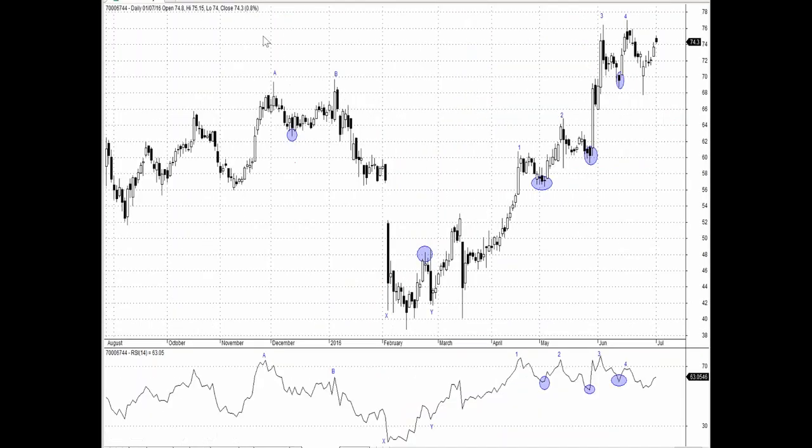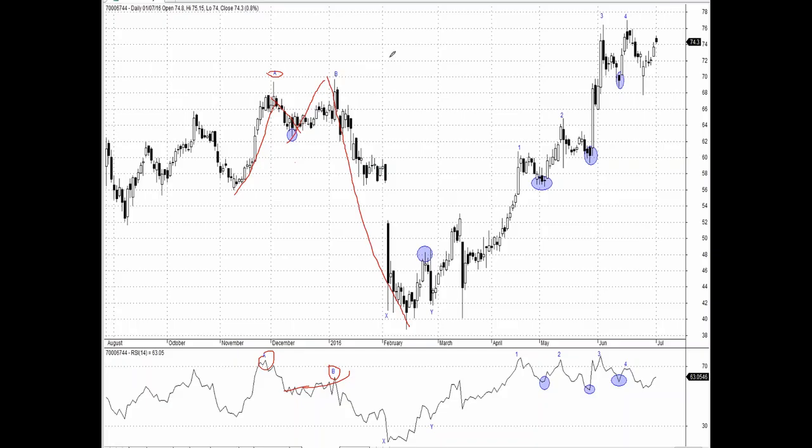Similarly, here the price moved up at A, it moved up to the overbought territory, and again there is a correction, and at B the price failed to move back to an overbought territory, and the price falls.